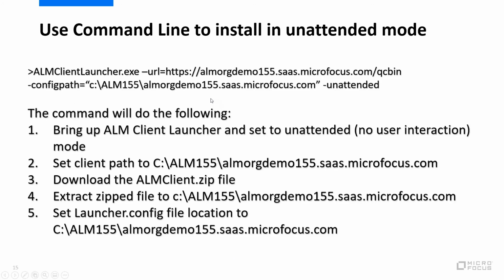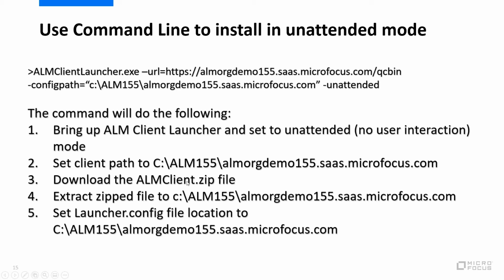Previously we walked through how to install the clients using the GUI. You can actually do the same thing with the command line options. Here I have a command line option to do an unattended installation of the client. What this command line does is tell the tool to run in unattended mode, meaning no user interaction. Then it will set the client path to the folder you specified.